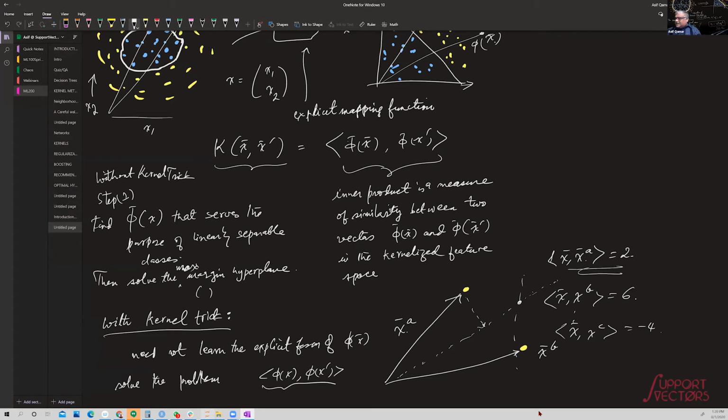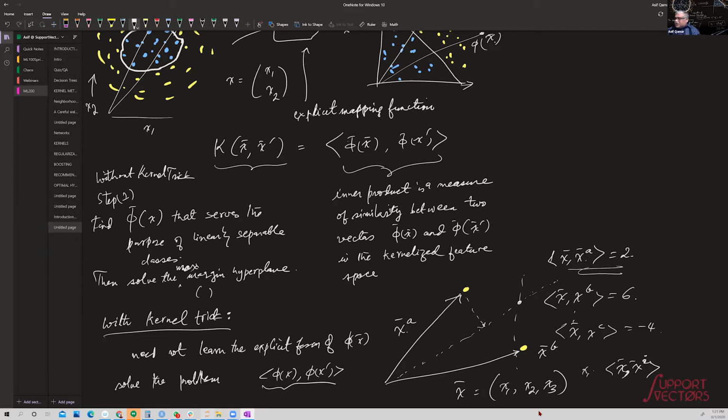And therefore, one way of specifying points in space is not by giving its explicit coordinates, which would be x1, x2, x3 components. Alternatively, you can define x in terms of its dot product with respect to a set of other vector points.